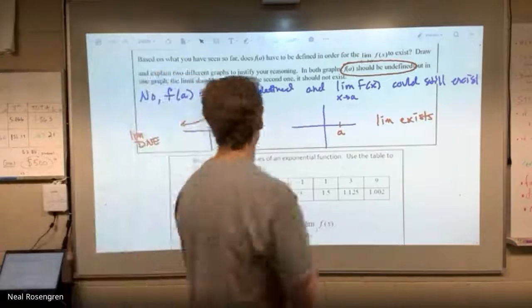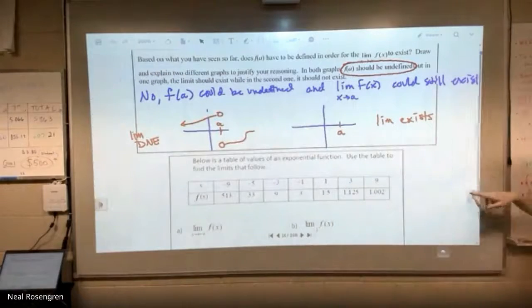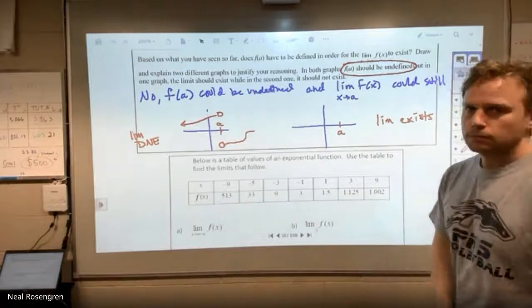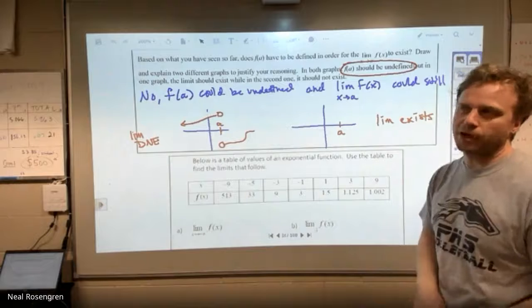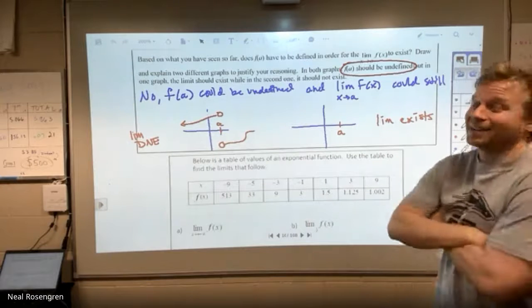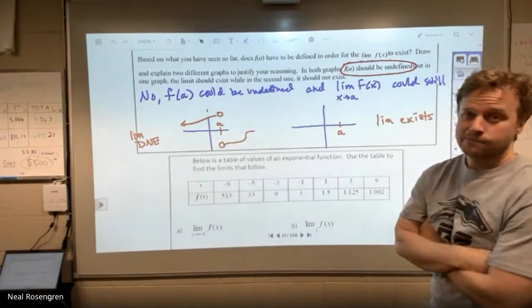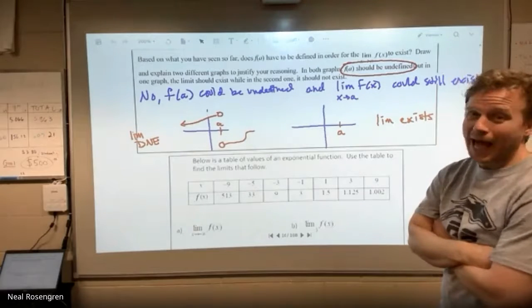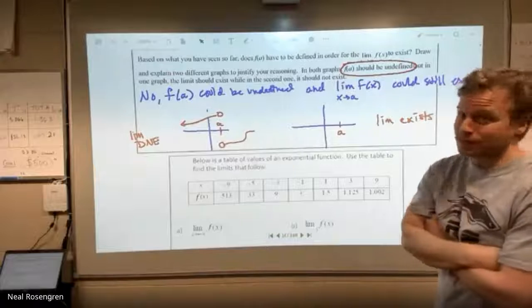Awesome. Love it. What about for the one that does exist? Function's undefined, but the limit does exist. What has to be there? Can we have an asymptote? No, not if the limit exists.